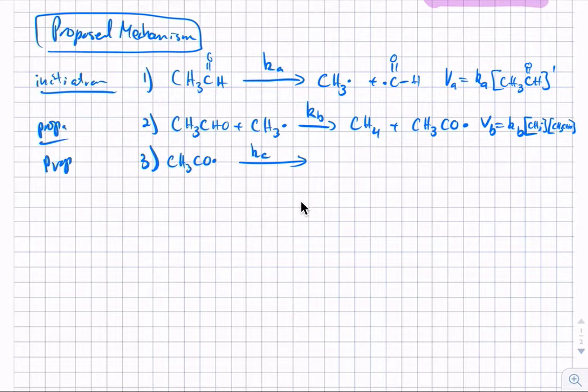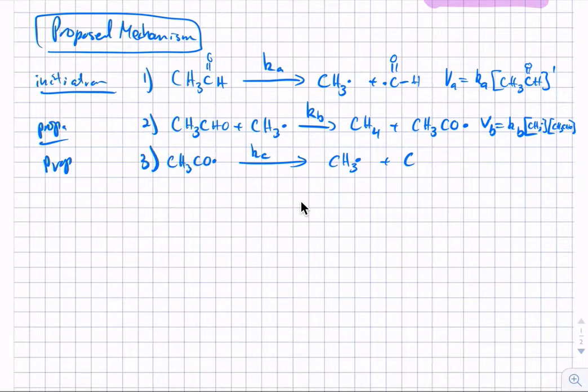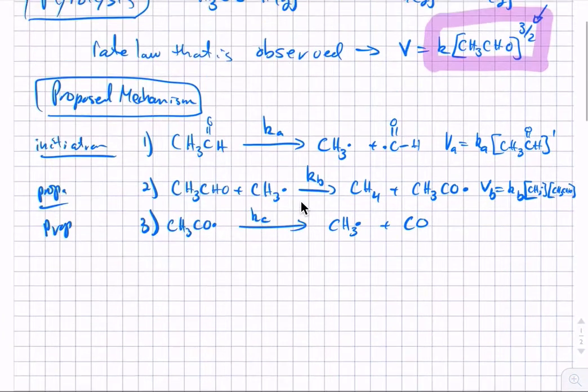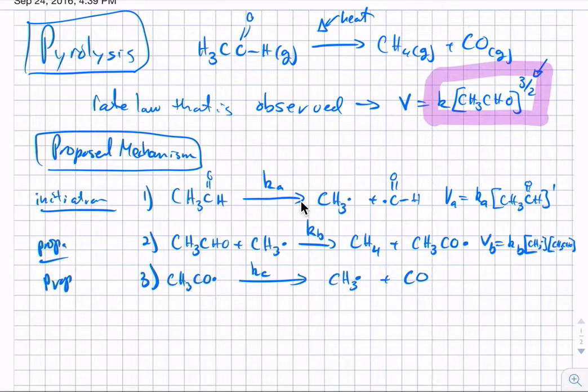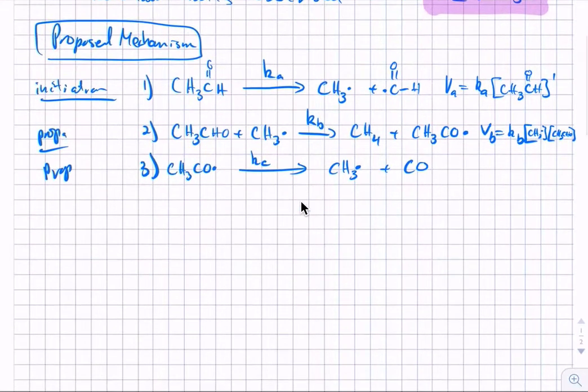It's going to form another methyl radical, and in this case CO, which, just as a reminder, is one of the products of this reaction. And the rate law for this elementary step is going to be Kc times the concentration of CH3CO dot.